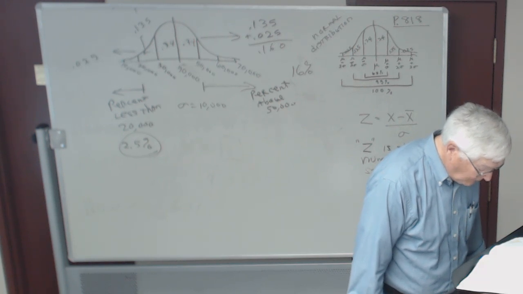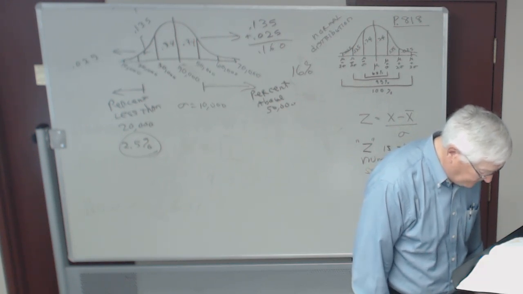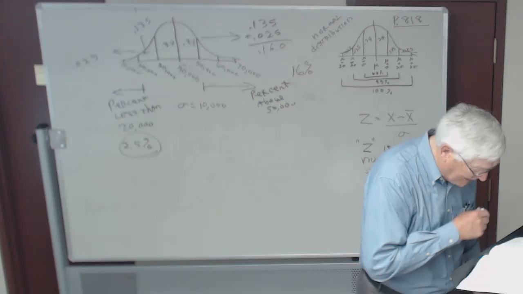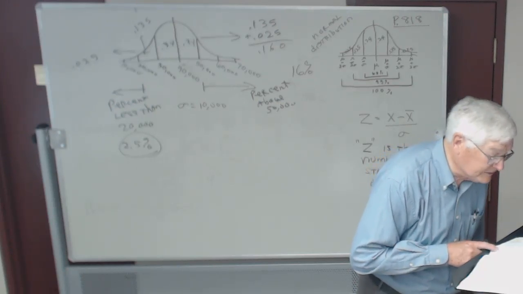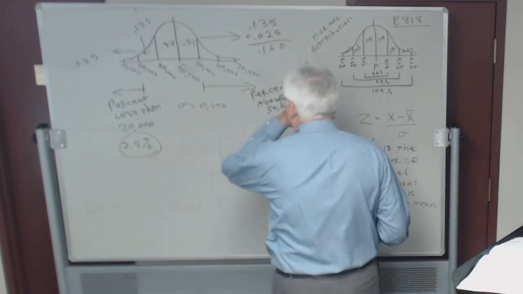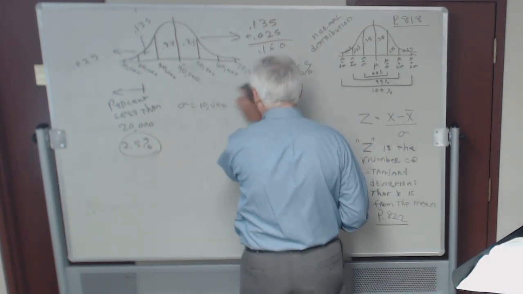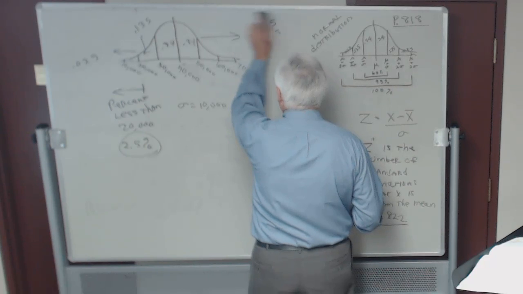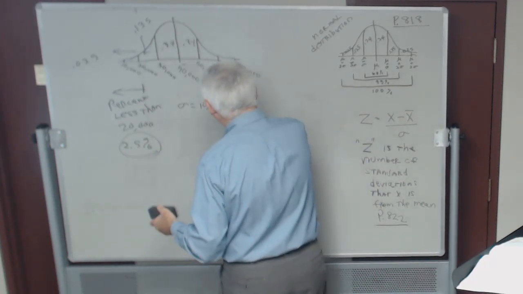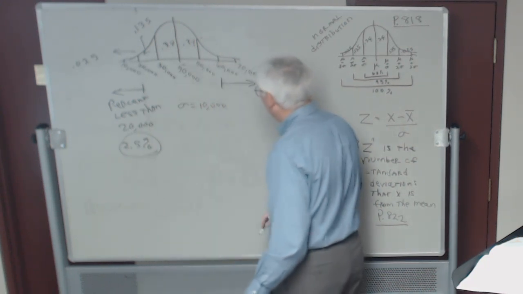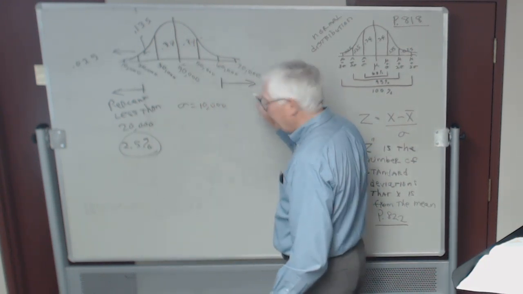Question C, if a lawyer is selected at random, what would be the probability that his annual income was more than $60,000? Okay, now we erase this and we come up here and we say more than 60,000 starts here and goes this direction. And what's the probability of a salary?